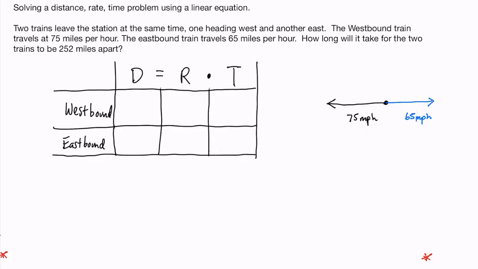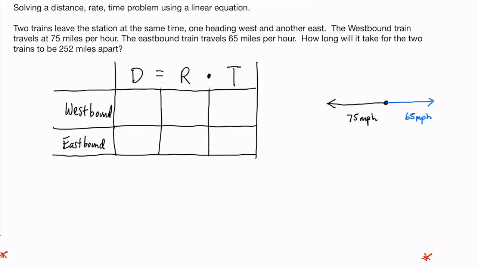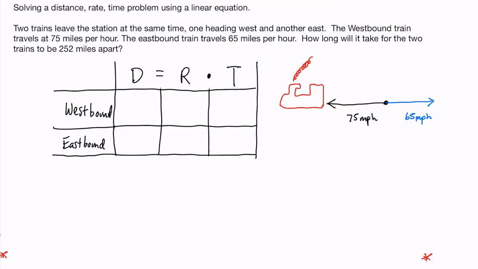Now, if you envision a train at the end, I'm not very good at drawing trains. I'll try my best here, but I apologize for such a terrible picture. There's a train, some smoke, okay? So there's the westbound train, and we could draw a similar eastbound train.